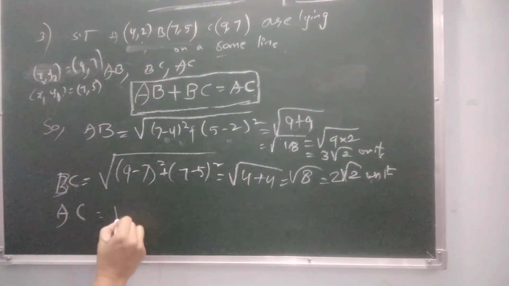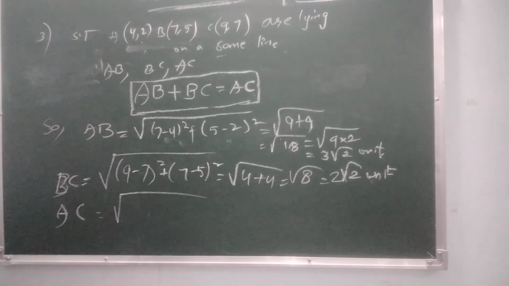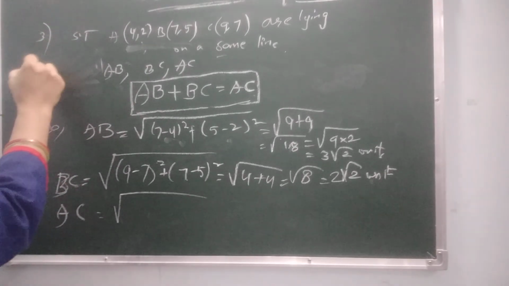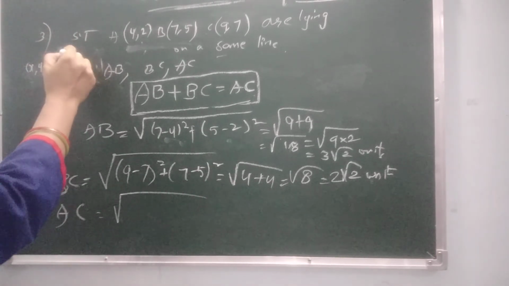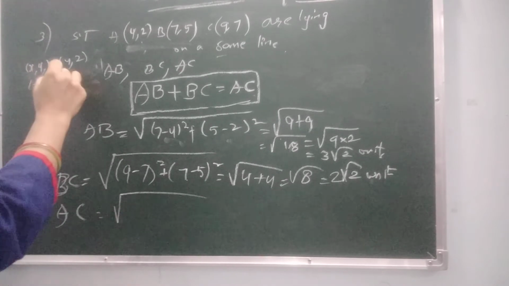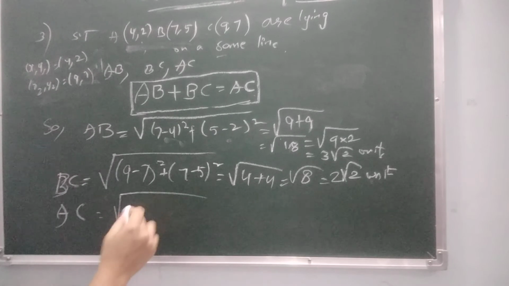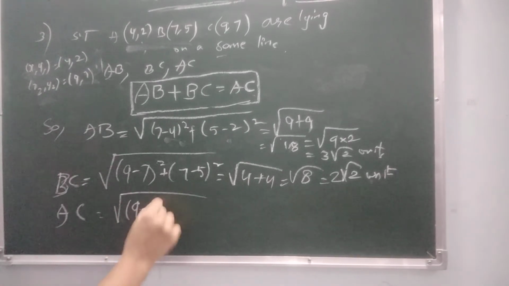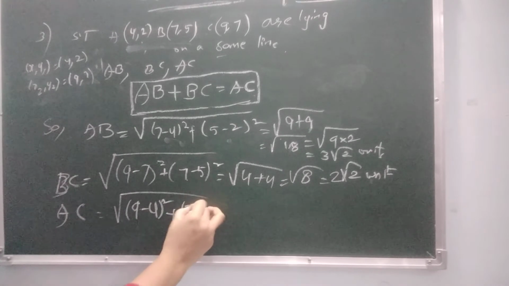Next AC. We have to find the distance between A and C. That means x1, y1 is 4, 2 and x2, y2 is 9, 7. Here x2 minus x1 whole square, 9 minus 4 whole square, plus 7 minus 2 whole square.